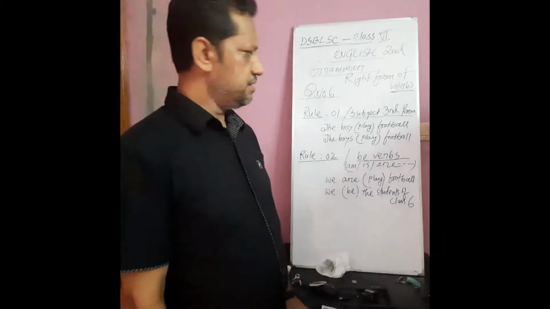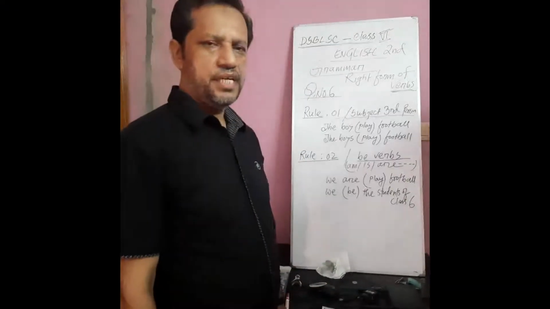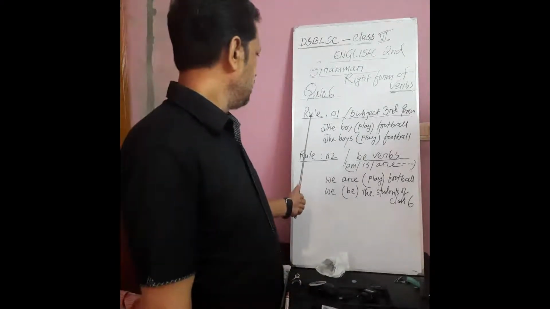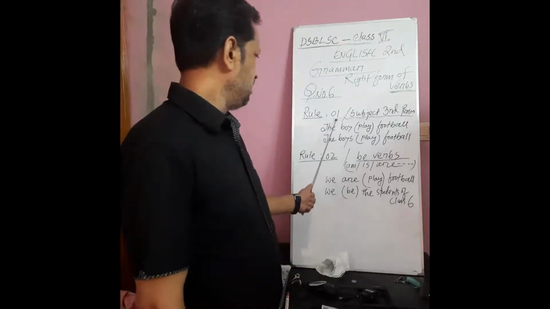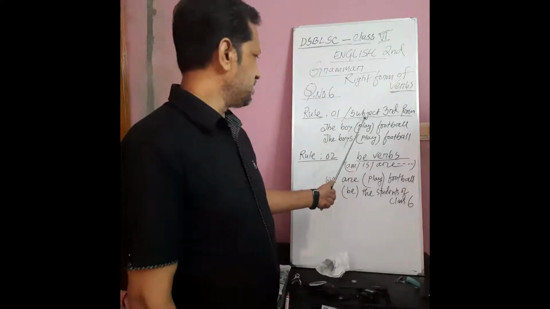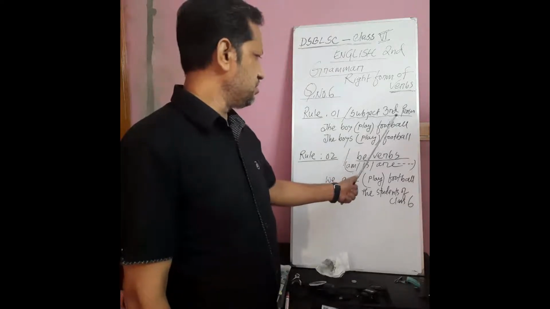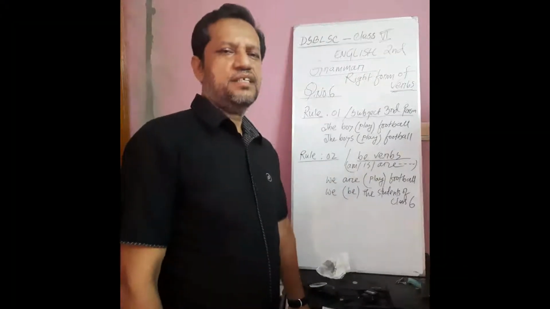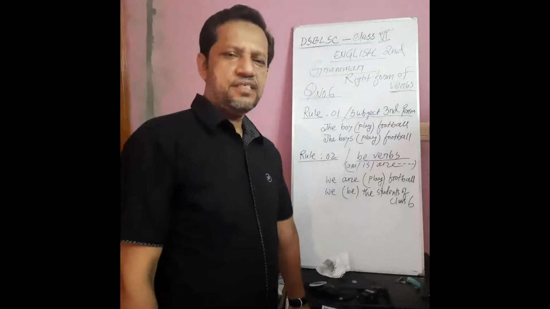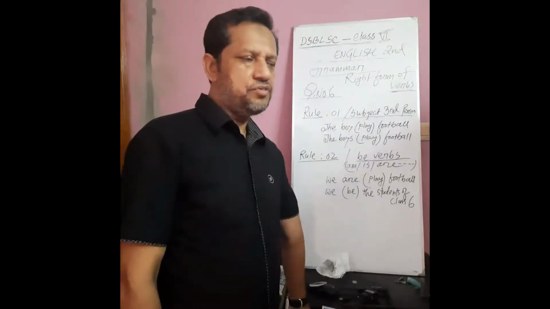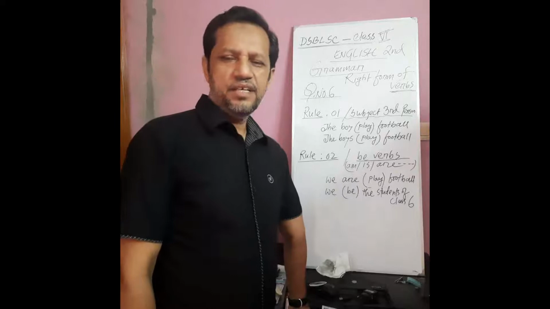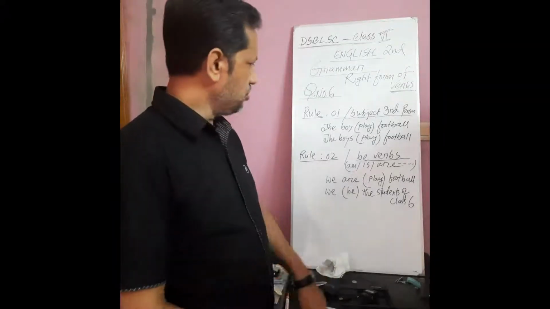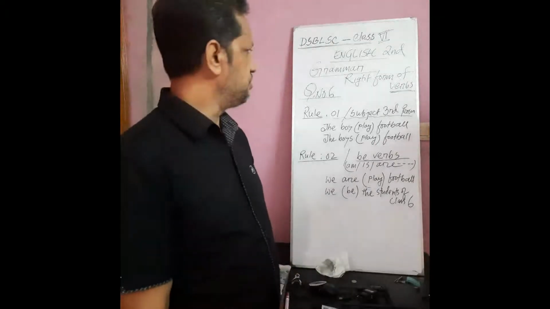In my last Zoom class, I told you that in rule 1, if the subject is third person singular number, and also if the subject is third person plural number, I told you the rules.